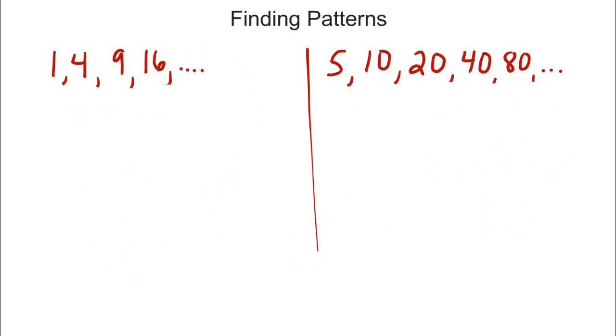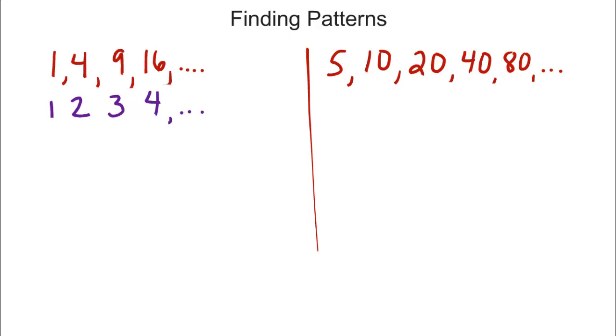Let's do two last examples where I would like to find a pattern somehow. So let's look at this first example on the left, 1, 4, 9, 16. I'd like to write a rule, either recursive or explicit, that describes the sequence. So let's see, this is term 1, term 2, term 3, term 4.